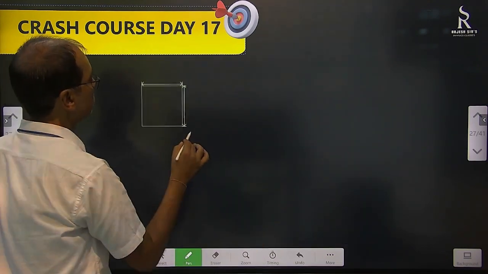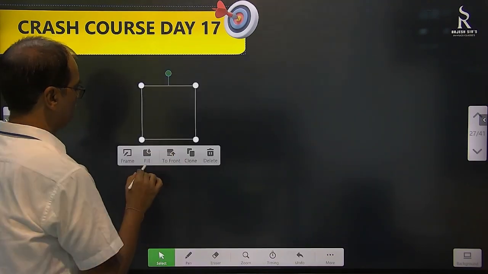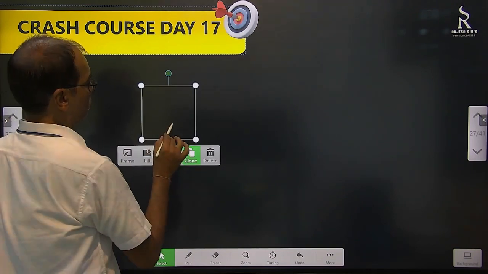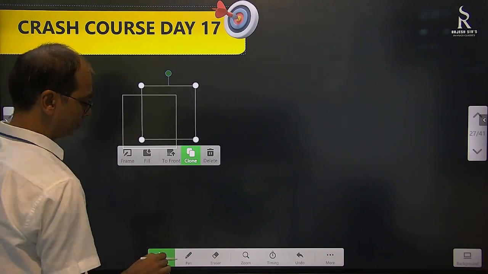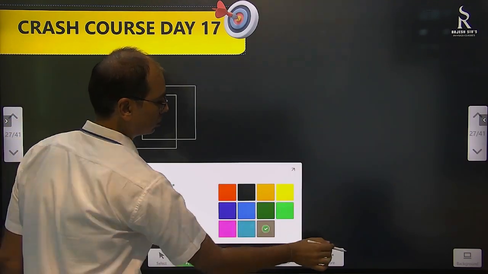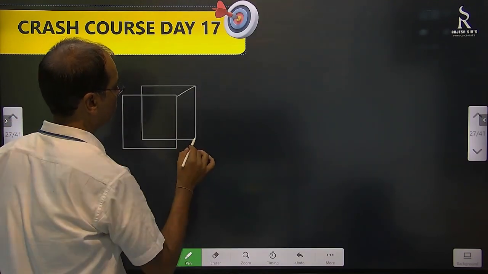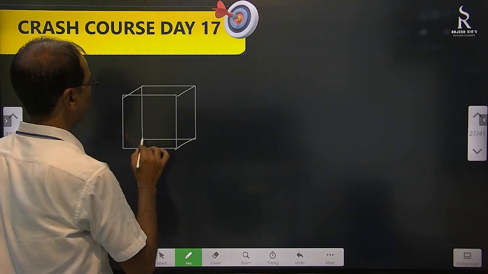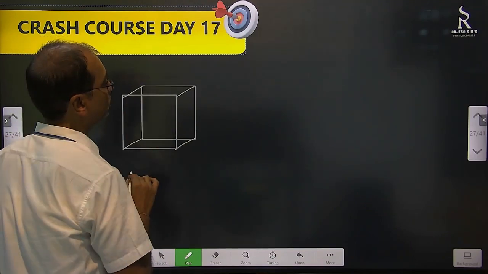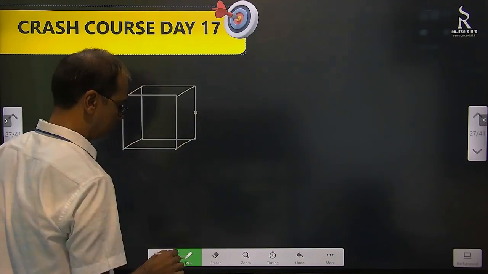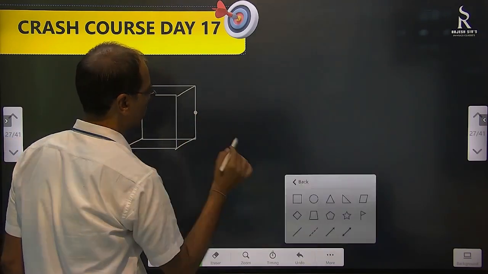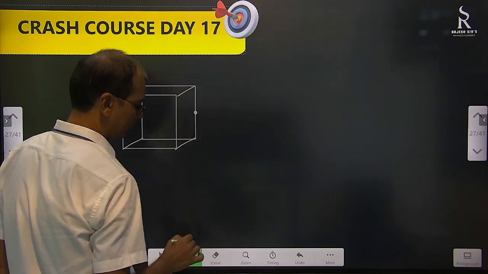We make a cube. So this is a cube here. And suppose I kept a charge not on the surface, in fact, on the edge.